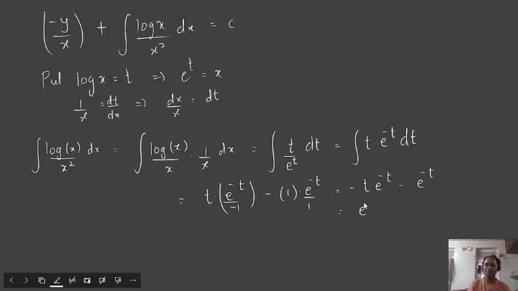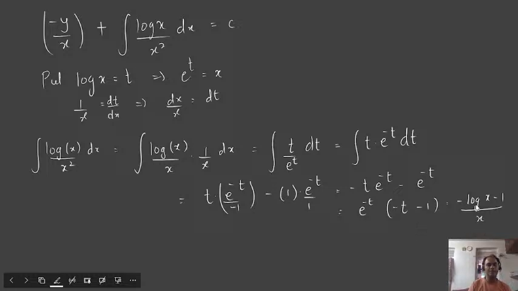You take e raised to minus t common, minus t minus 1, so this can be written as minus of (log x minus 1) divided by e raised to minus t, which is going to be 1 upon x.